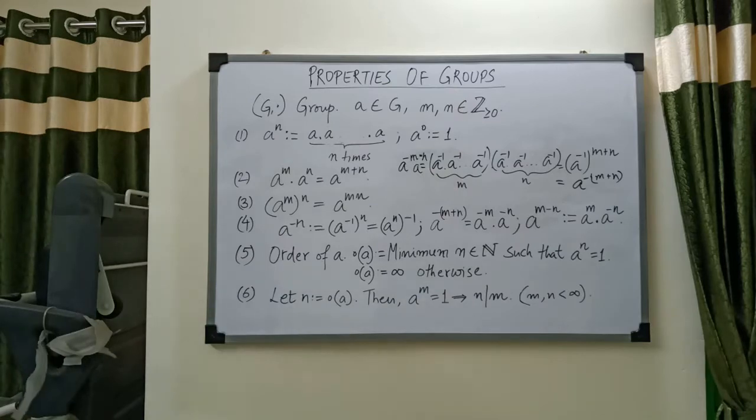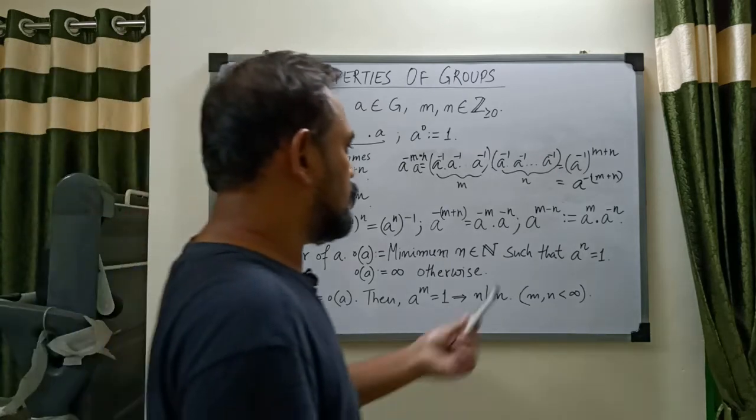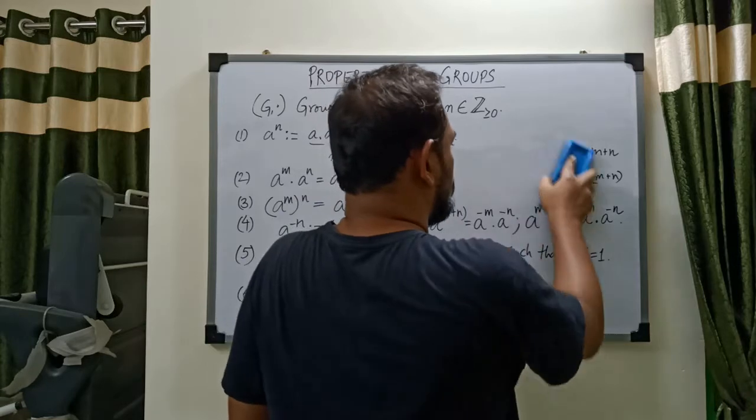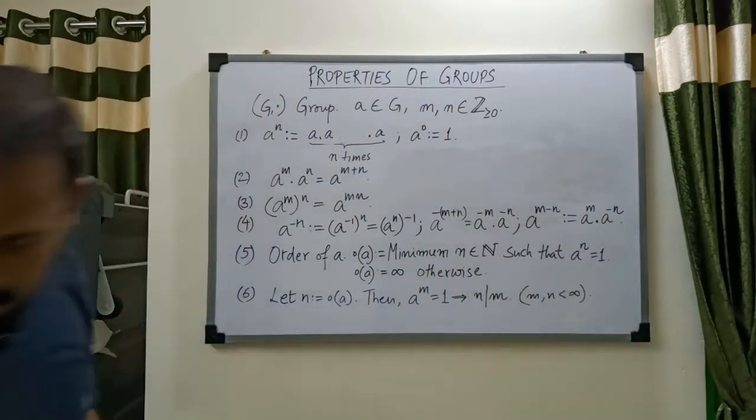So really it's going to be A to the m minus n, and you can either define it or you can actually see it.